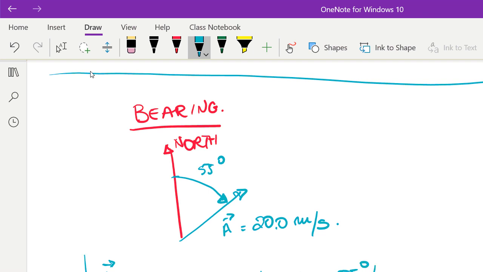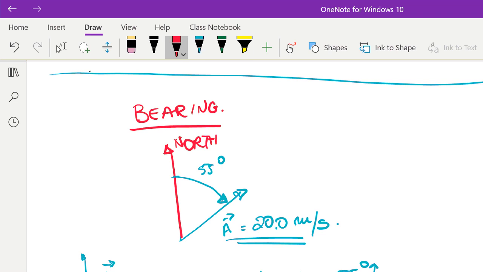In this way, what we know is that the angle formed between the north direction and the vector, clockwise, is equal to 55 degrees, and the magnitude of this vector is 20.